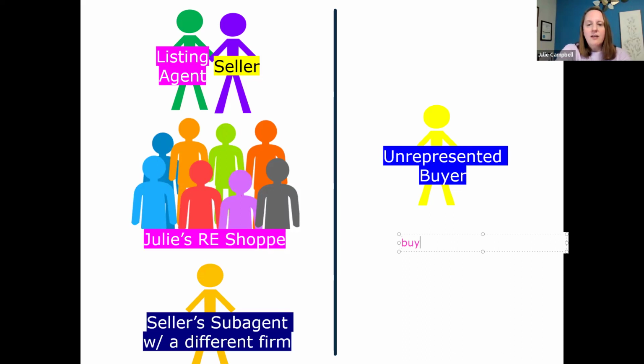And you will see in the list service that they will allow a buyer's agent or both, seller subagent and a buyer's agent.